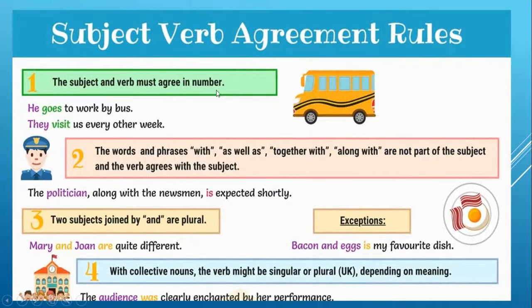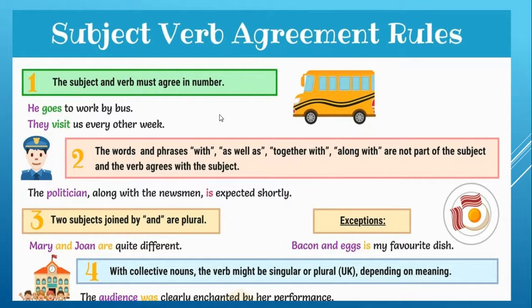Subject verb agreement. Your subject and your verb must agree in number. Here with he, she, it, you always use the word goes, because with he, she, it in English, the verb has to have es or s at the end, okay? In this case, he goes to work by bus, but they visit us every other week.